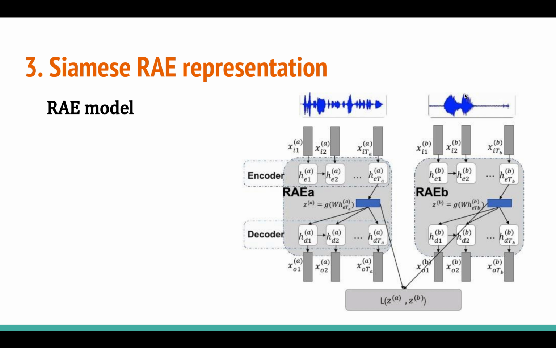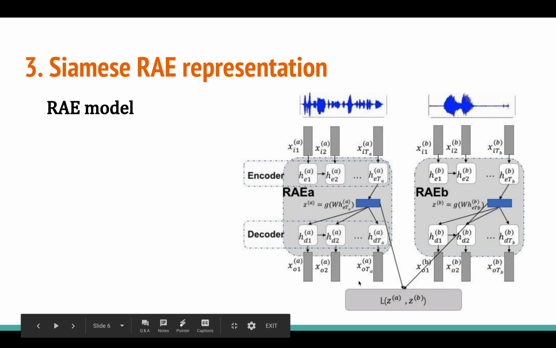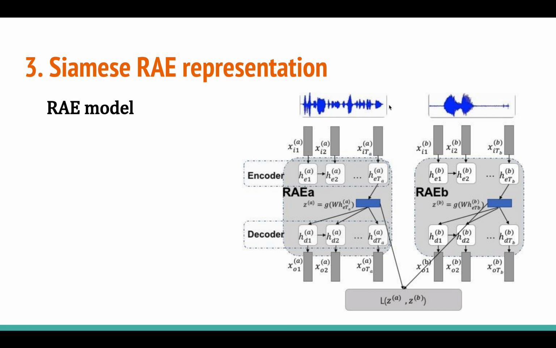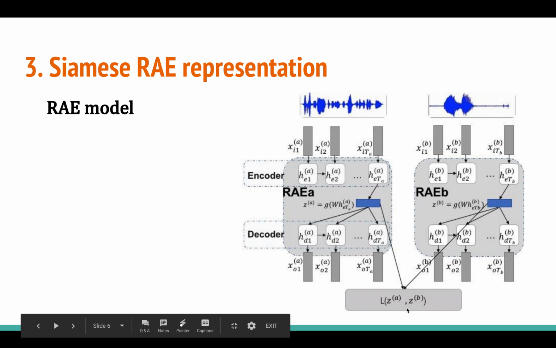If this word is also Trump, then we should expect this ZA and this ZB to be almost similar, and that will be encoded in this loss. This loss will be very low if these two words are similar, at least semantically, and it will be high if they are different. For example, if these two words are different, then this loss will be higher.